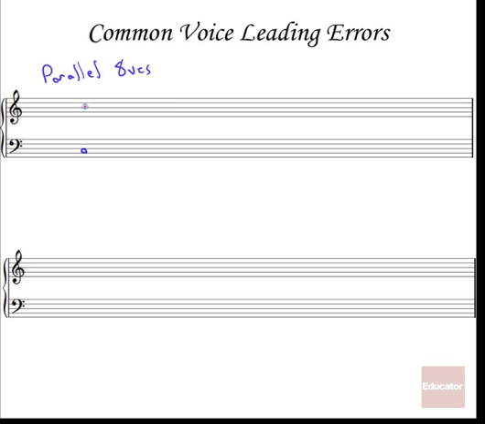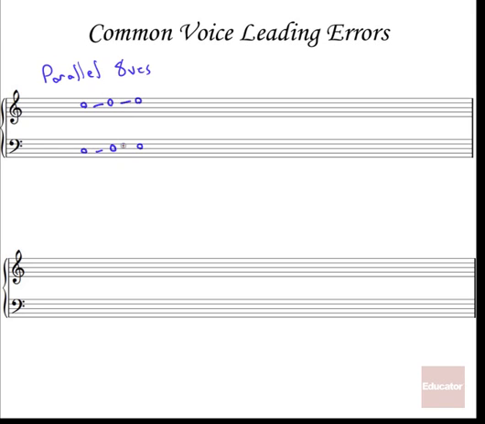We don't want voices that have the same note in an octave to move together in parallel, whether it's for one beat, from one note to another, or three in a row, like this.